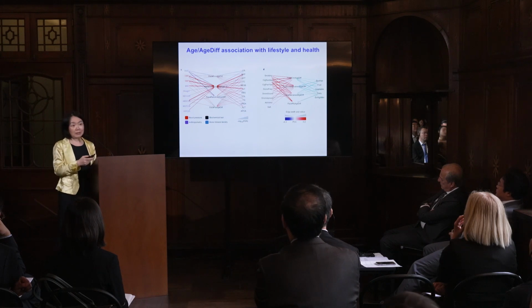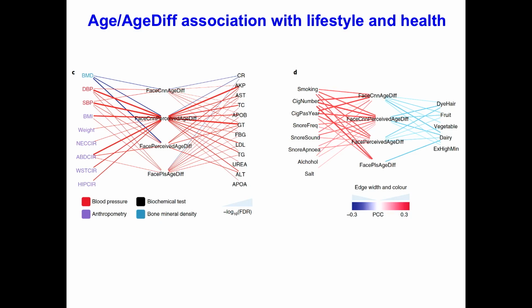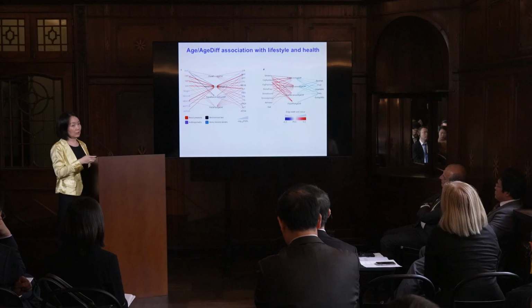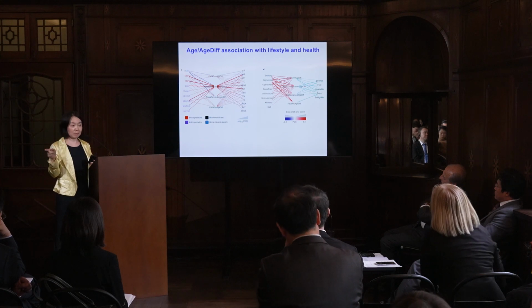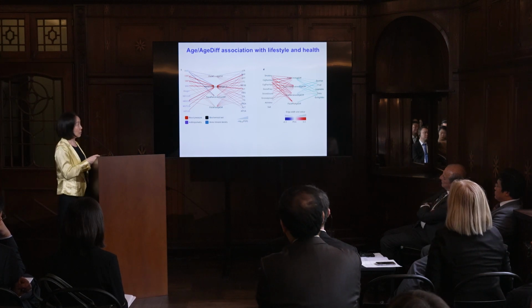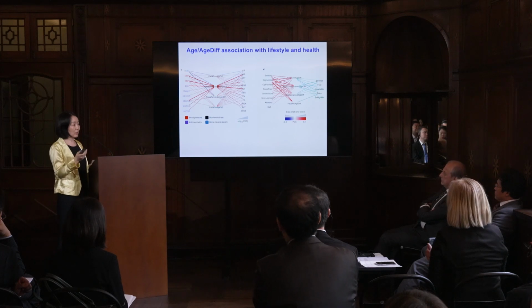And surprisingly, it is this CNN perceived age that is most significantly associated with all the different lifestyles and different health parameters. What's showing here is the age diff, or the difference between predicted minus actual age. A positive age diff means accelerated aging.